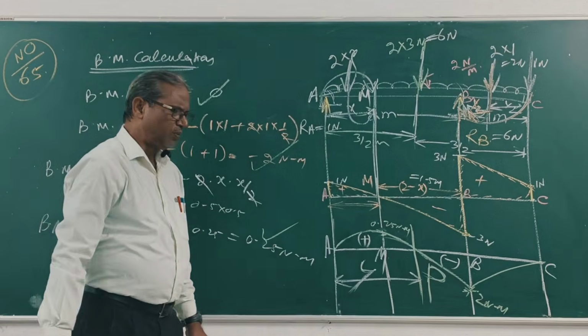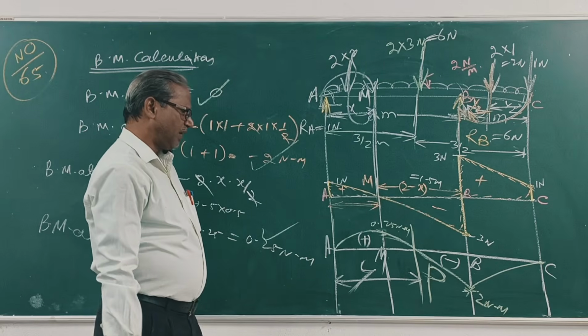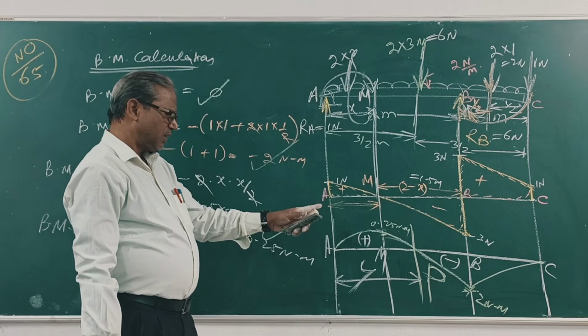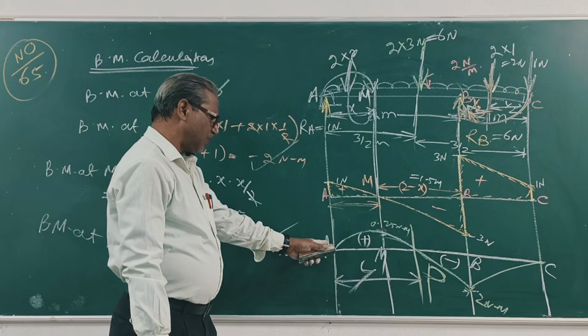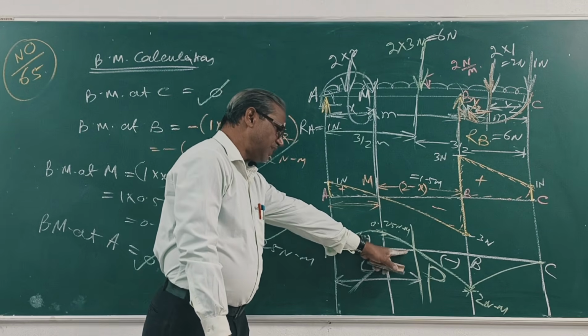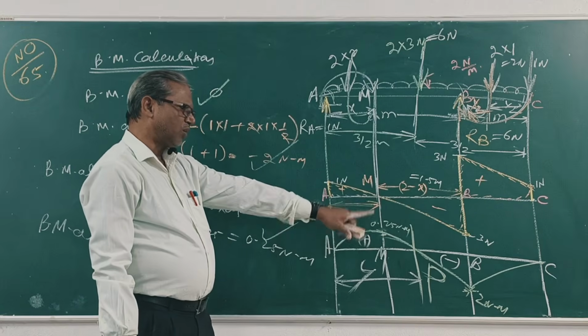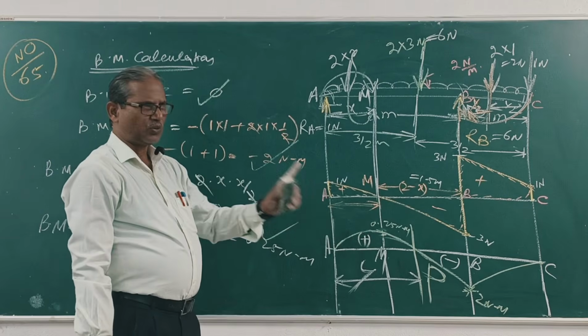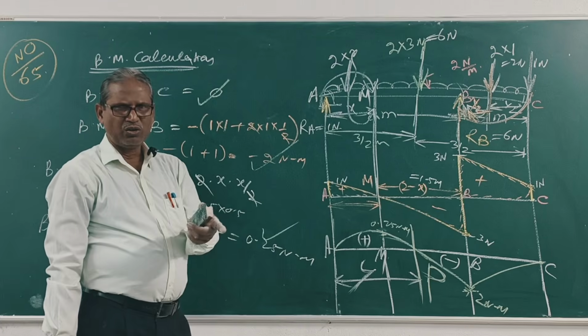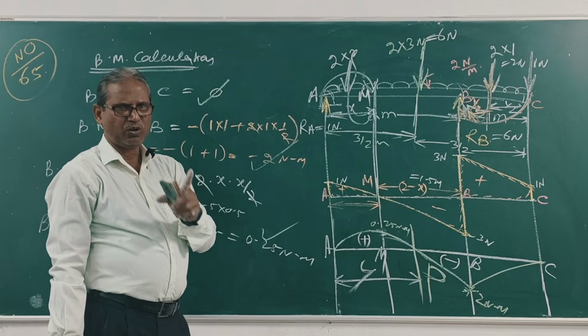So find what is the value of y. And at P, the BM is 0, because A is 0, M is 0.25 Newton meter, P is 0, B is minus 2 Newton meter, C is 0. So first find out the moment at P equal to 0, and we will find out the value of y.